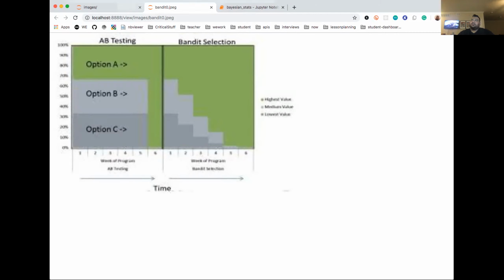So A/B testing is definitely used for medicine, right? We would not want to do bandit testing in medicine. That would be horribly irresponsible, right? Just, oh, this looks a little better, let's just give you this one now. That's not a good idea. But if we're serving something like a web page or an ad or a banner ad, something that's not going to get anyone hurt, you can definitely use bandit modeling here. And bandit modeling is awesome.